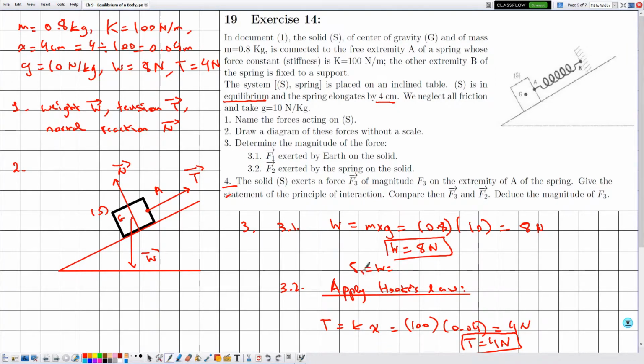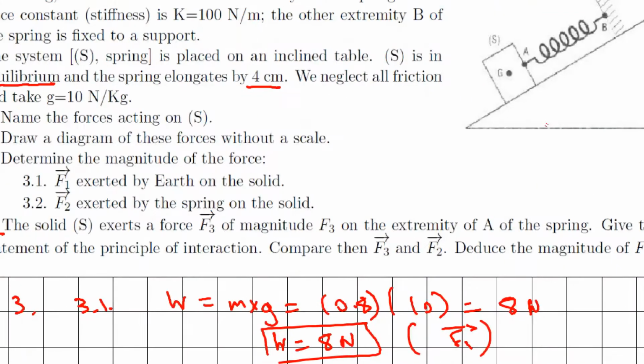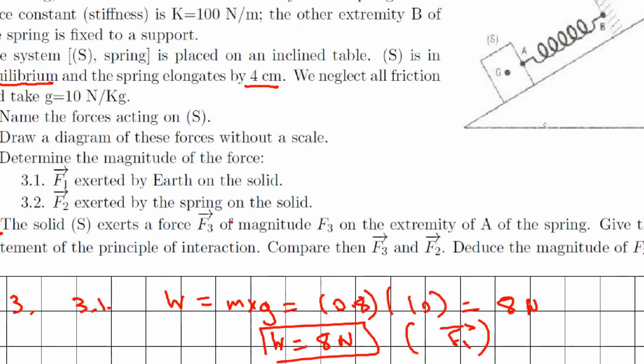Between the brackets here, we can say that this is the force F1, and this is the force F2. This is important. Now I repeat, the solid S exerts a force F3 of magnitude F3 on the extremity of A of the spring. So this is the force F3.